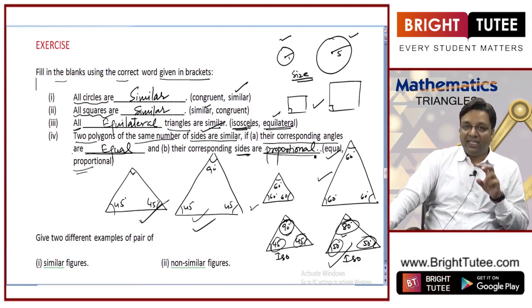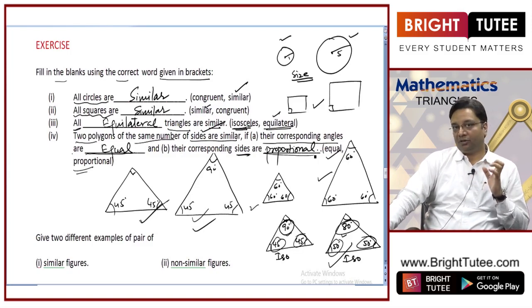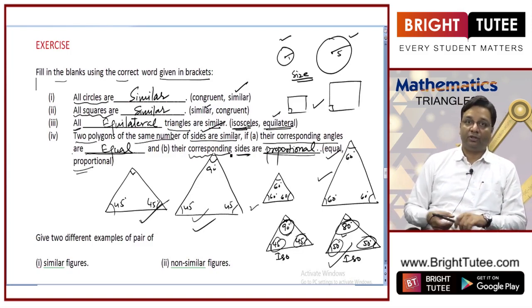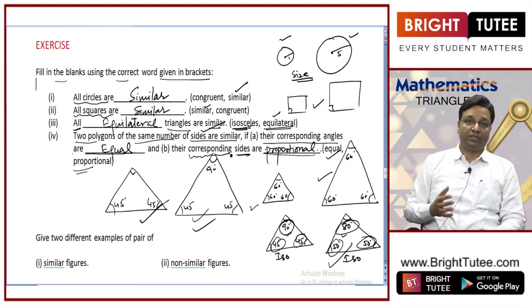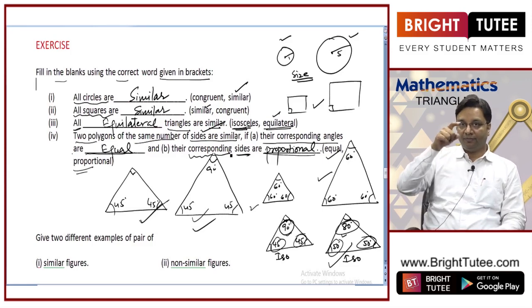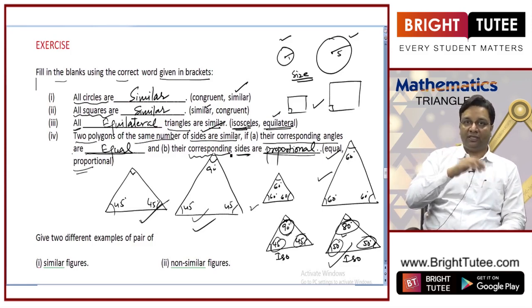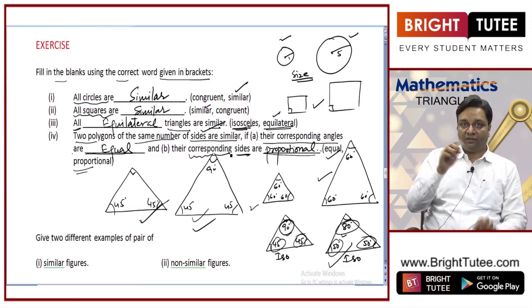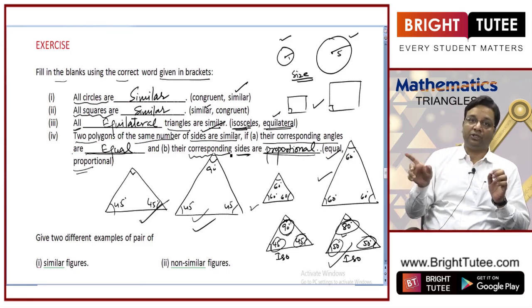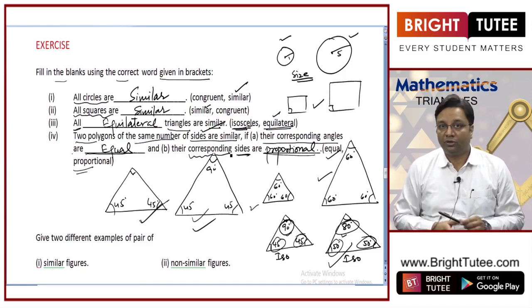So, the corresponding angles should be equal and the corresponding sides, mark the word corresponding, corresponding sides should be proportional. How do you look for corresponding sides or corresponding angles? Let us say you look at the angles first. So, the sides opposite to the equal angles should be proportional. That is how you look for corresponding sides.